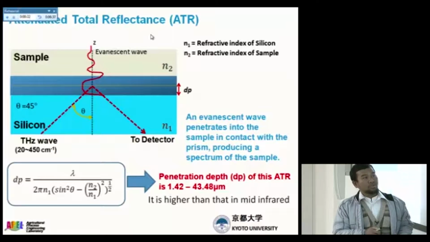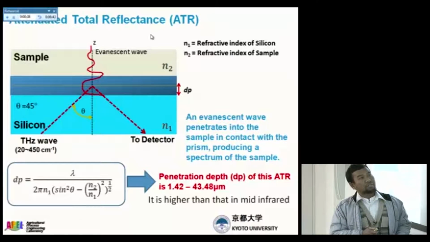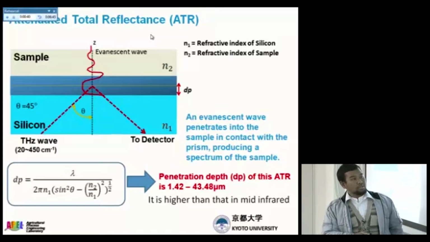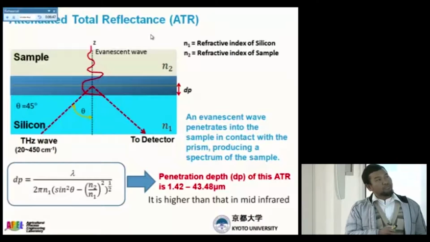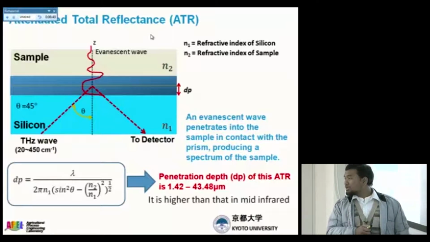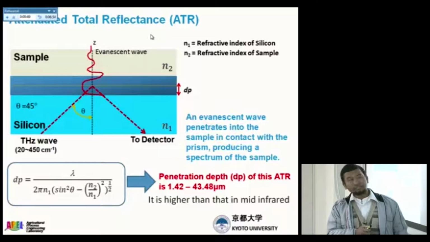Here, the main part of our ATR system is the silicon prism, which has a higher refractive index than the samples. When the terahertz wave comes to the silicon prism, some amount of light will be reflected back into the sample. This, what we call the evanescent wave, will then penetrate into the samples.